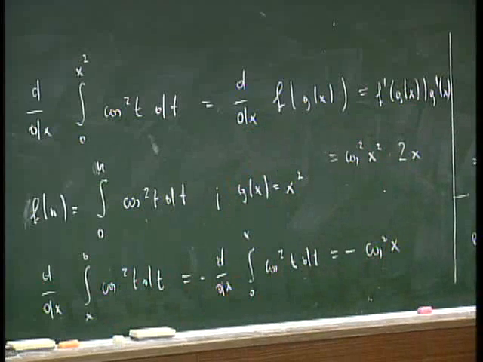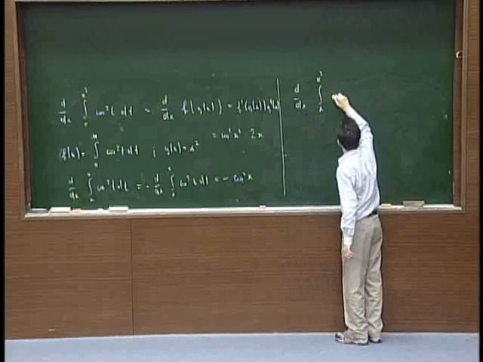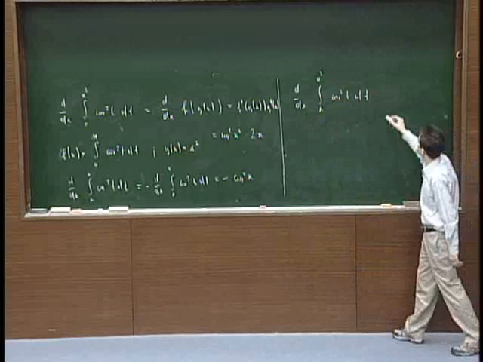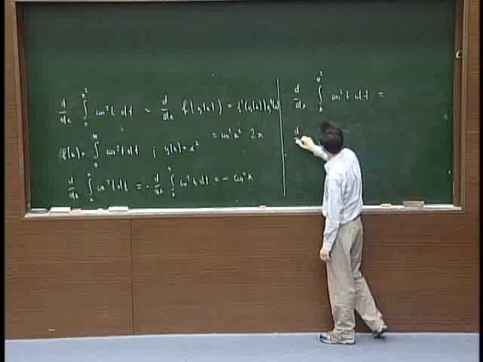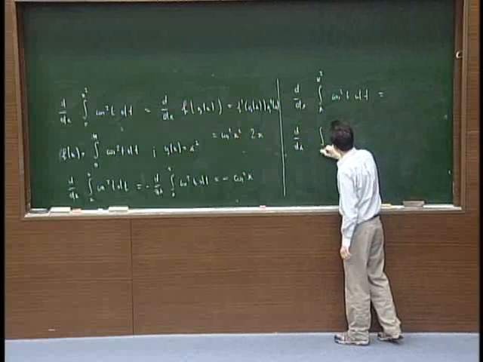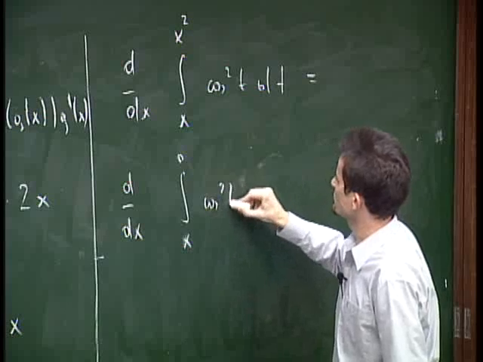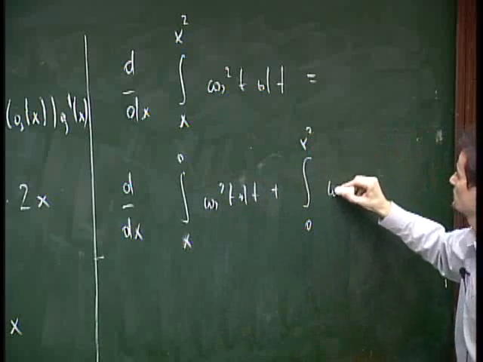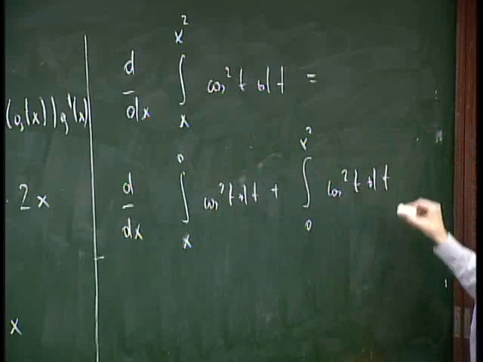If you now have to compute the derivative of the integral from x to x square of cosine square of t dt, I guess most of you have the idea how to do it. You break it into two parts. One is the integral from x to 0 of cosine square of t dt plus the integral from 0 to x square of cosine square of t dt.